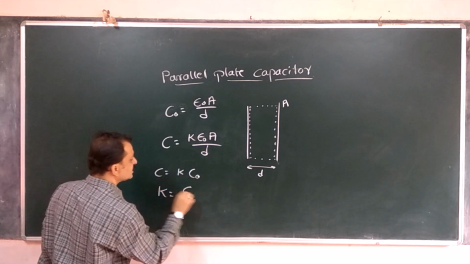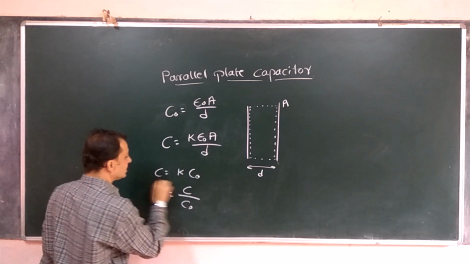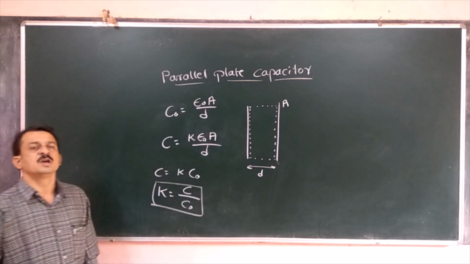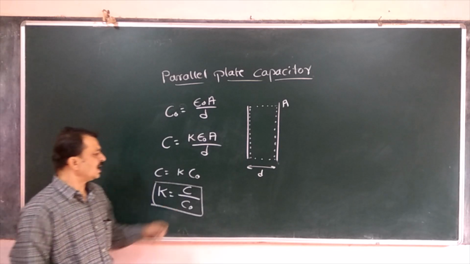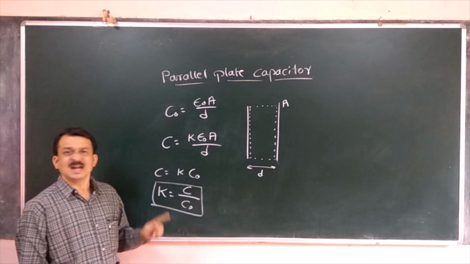Therefore the dielectric constant can be defined as the ratio of the capacitance of a parallel plate capacitor with dielectric to the capacitance with air as the medium.